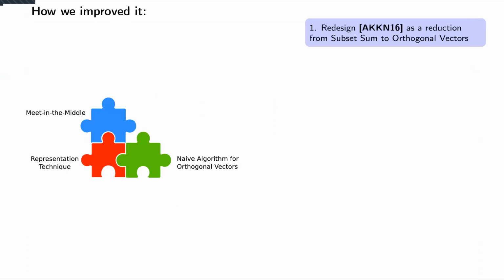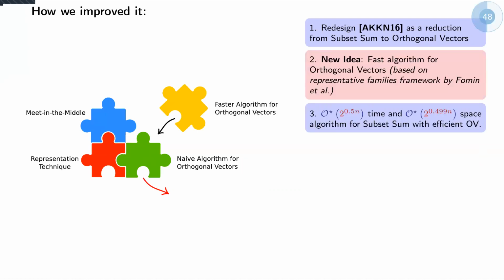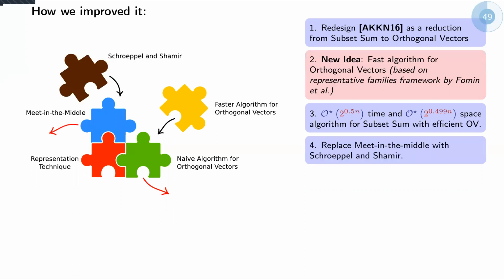Let me tell you how we improve the algorithm for subset sum. First, we took this reduction from subset sum to orthogonal vectors, and then we added this faster algorithm for orthogonal vectors that works in a time that matches meet in the middle. The next idea is to basically replace meet in the middle with Schroeppel and Shamir.